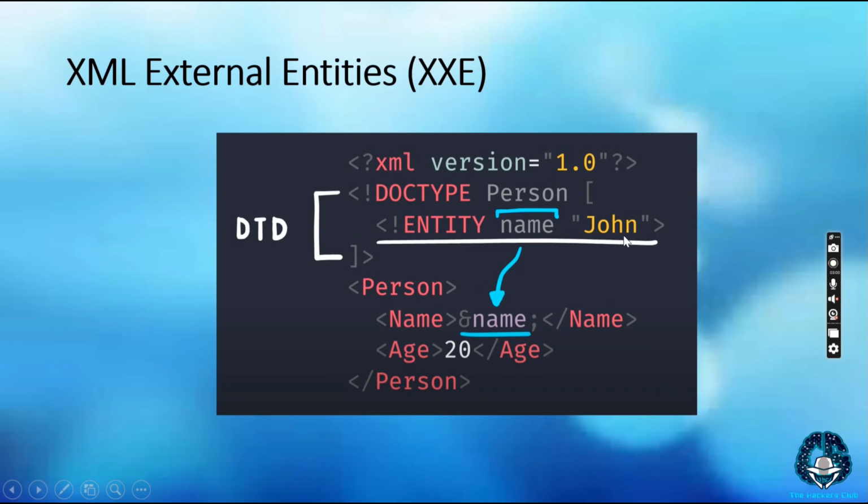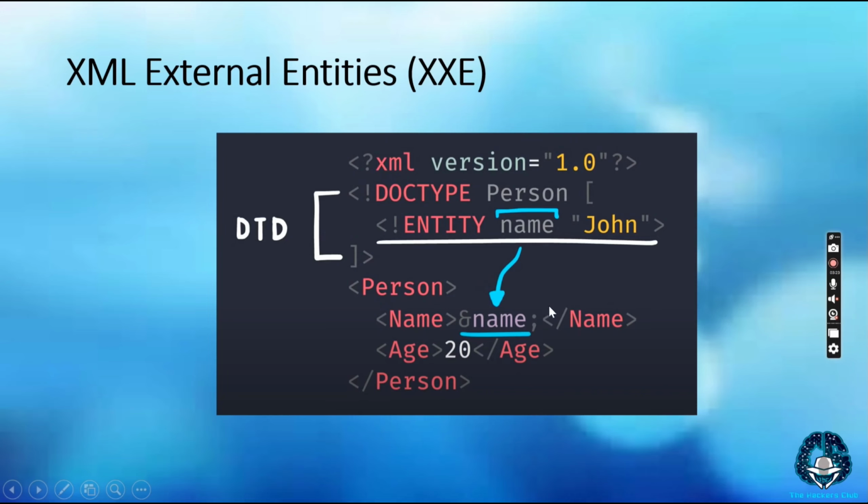The name and the value are defined here in the DTD, and it can be referenced from any part of the XML. Just as we call functions in a program, we call an entity by its name, and it has to end with a semicolon.